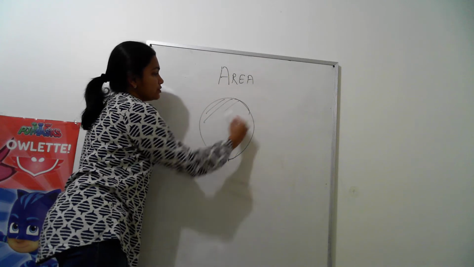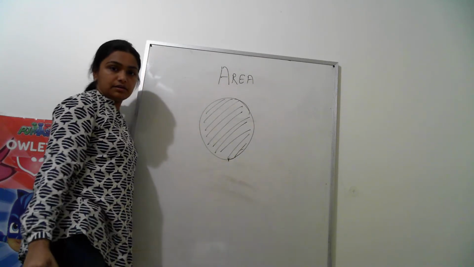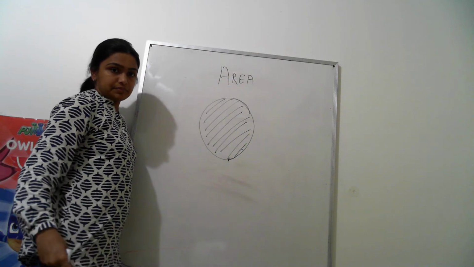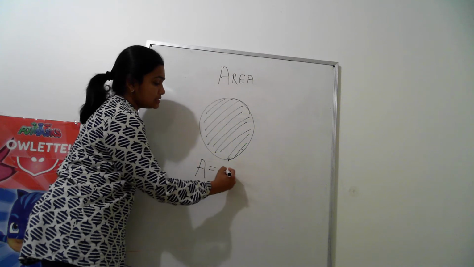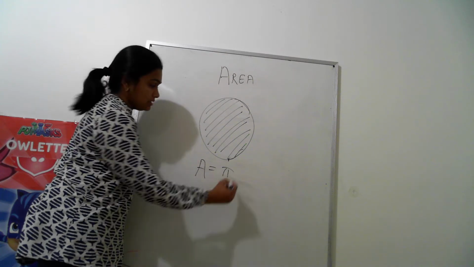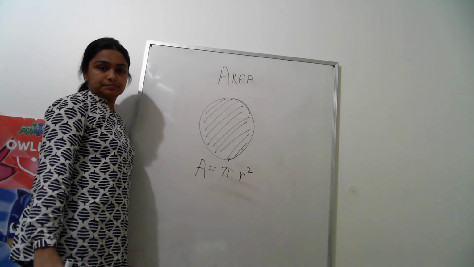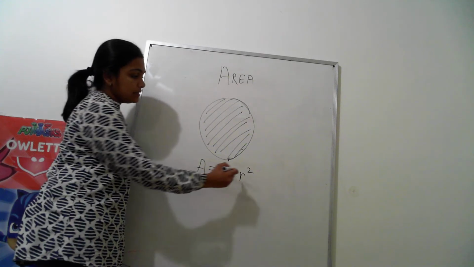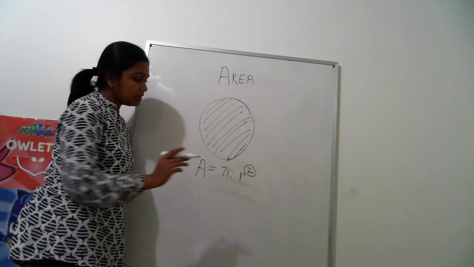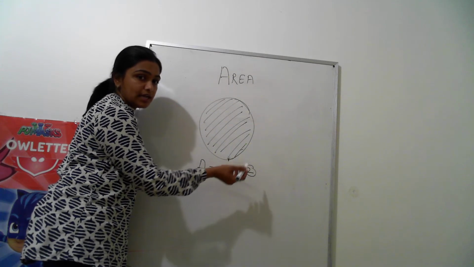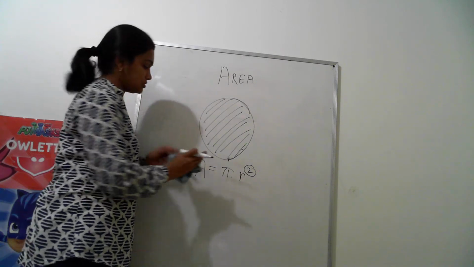The inside portion of the circle will be called area. And the formula to find the area of a circle is pi times radius square. Okay, please remember this is radius square, not diameter square. And if this is radius square, then the unit will also change. We will talk about the unit when we solve some questions.